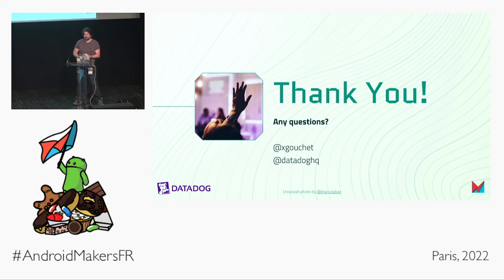Any question? So I have a question about analyzing your code. I saw that you talked a lot about Detekt, but you don't talk at all about lint, and especially lint rules.